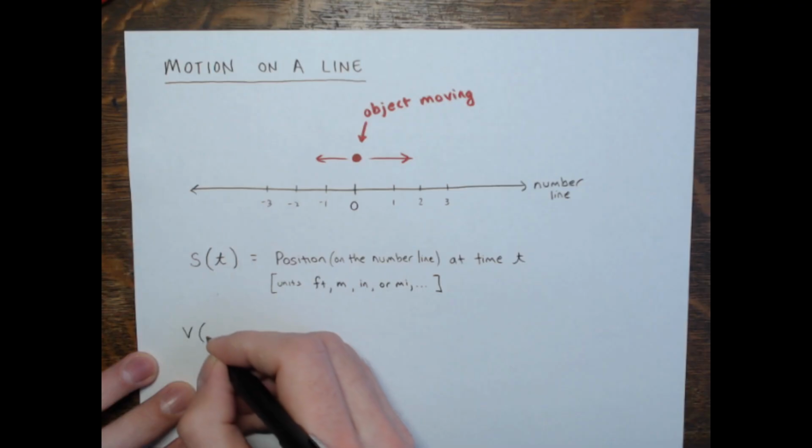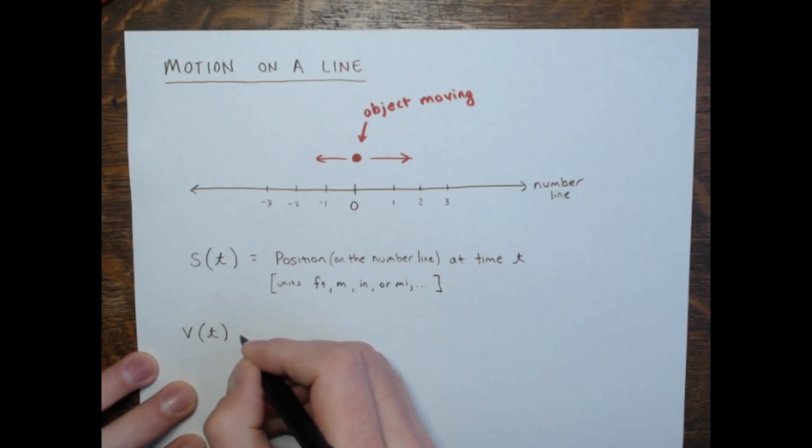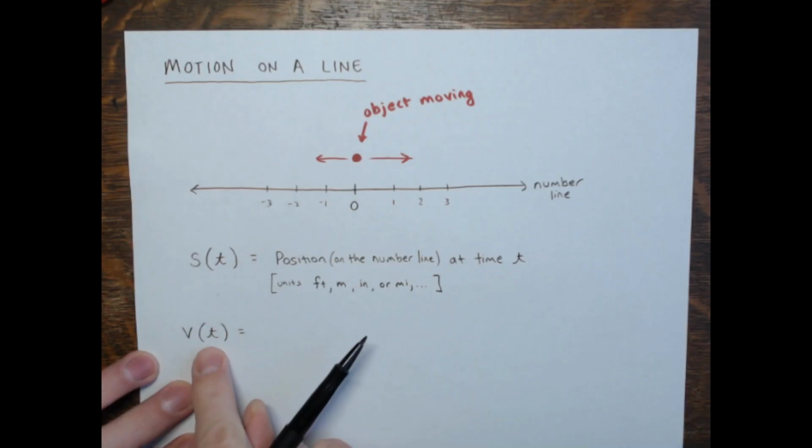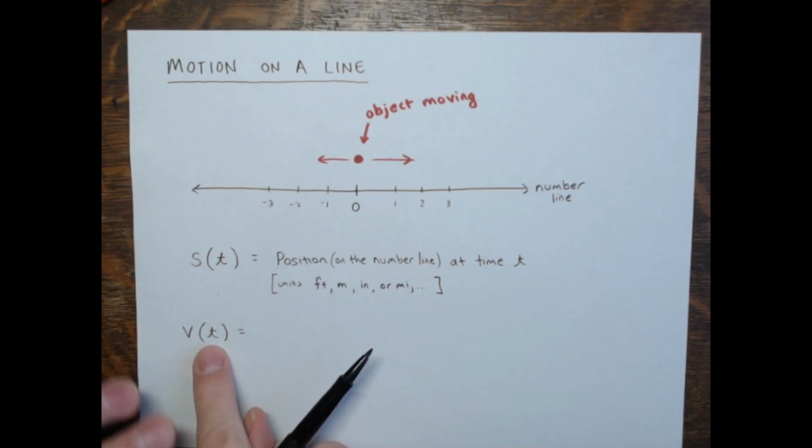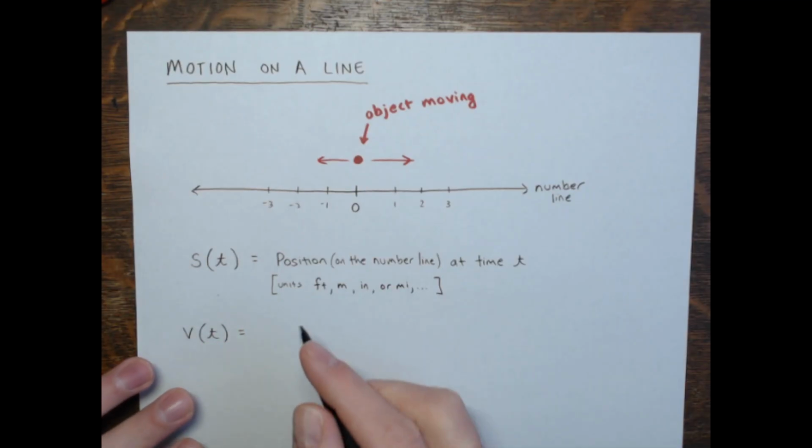Then you'll see v of t. So v of t will represent the velocity of your object. So basically how fast it's moving, but also what direction it's moving in. Talk about that in a second. At any time.